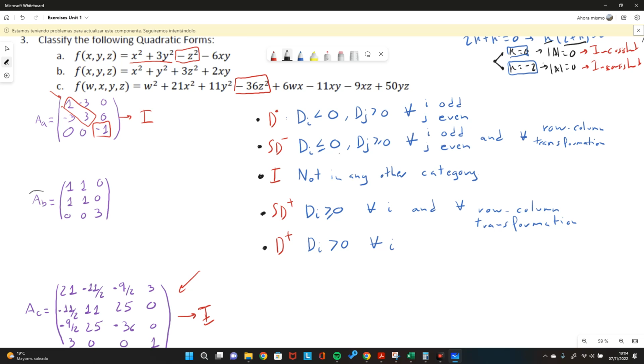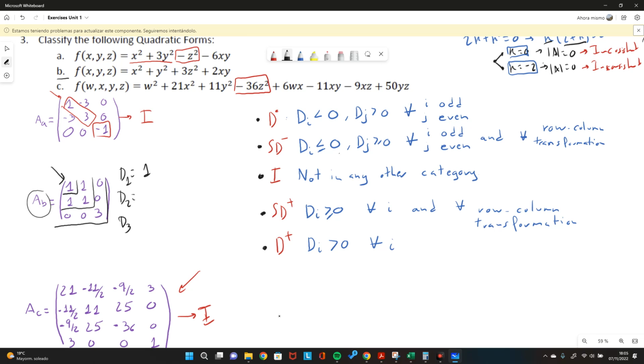In the case of matrix A for case B, what you have is this, okay? Let's use the principal minors and see where we can classify the result. First, D1 is 1. Remember, principal minors are just minors in this direction, so D1 is this determinant, D2 is the determinant of these four numbers, and D3 would be the determinant of these nine numbers, okay?